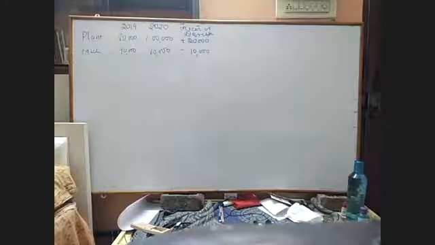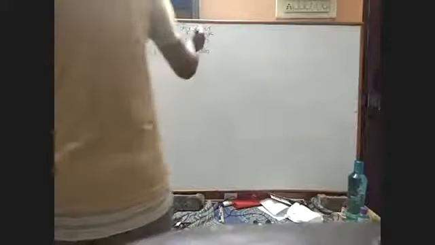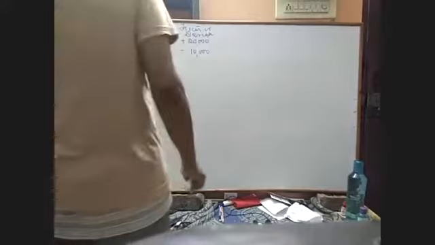Right? So an increase of 20,000 and a decrease of 10,000. Next, this 20,000 should be divided by the first column, that is 2019.